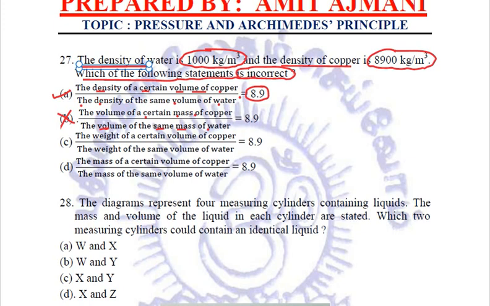Let us see the next option. The weight of certain volume of copper divided by the weight of same volume of water is 8.9. Correct statement. The mass of certain volume of copper divided by the mass of same volume of water is 8.9. This is also correct. So the incorrect statement is B. Fine. Coming to the next question.